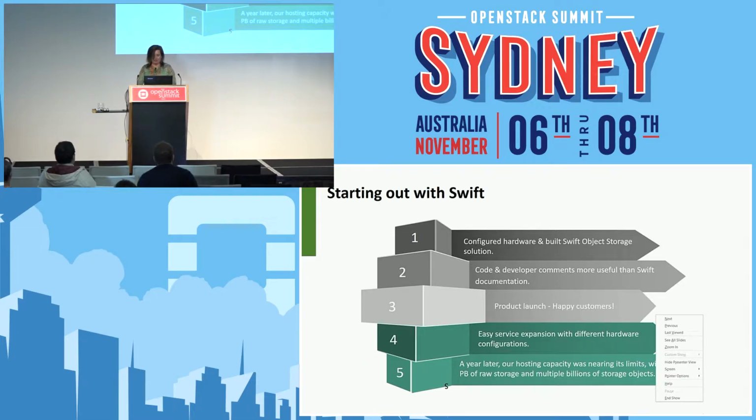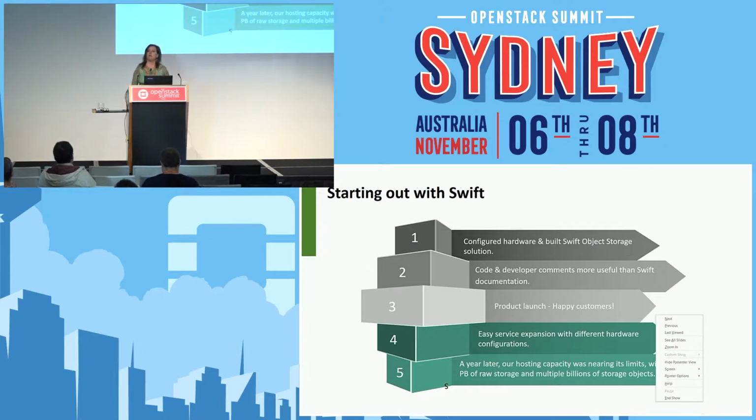And so we were flying by the seat of our pants, really. And we built a Swift solution, configured everything in the hardware underlying it. And we started off trying to build it with Swift documentation, which kind of ended up to be a problem because there just wasn't enough information there for us to develop from it.